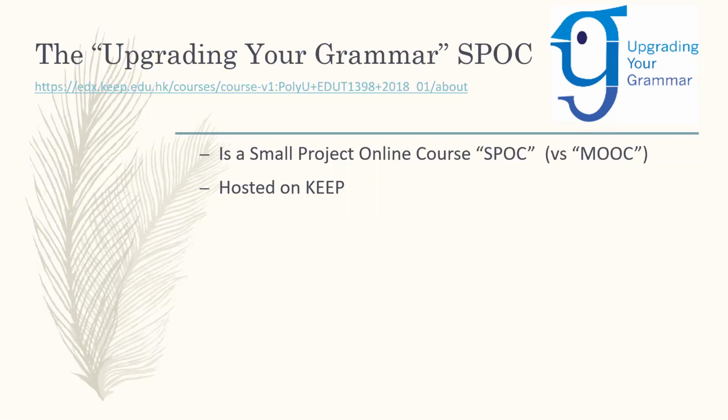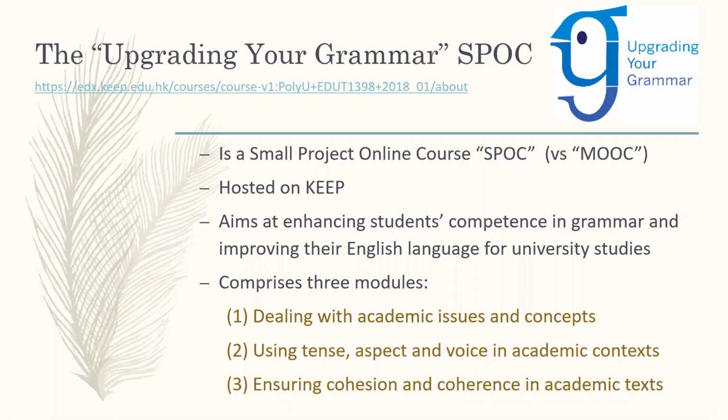And it's hosted on the Keep platform, which is the largest platform for all educational online courses, which hosts all of the different free of charge courses as well as paid courses. And by developing this online course, we aim at enhancing students' confidence in their English learning in general, and more specifically in their grammar learning for university students.